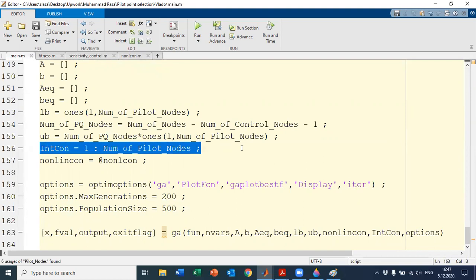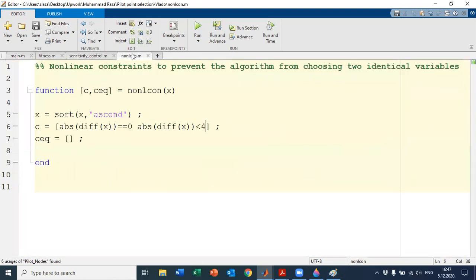The integer constraint needs to be set, so every variable is an integer, and we have a nonlinear constraint here, which is very important to notice. It's a simple function, but it does a really important job. Let's describe this.